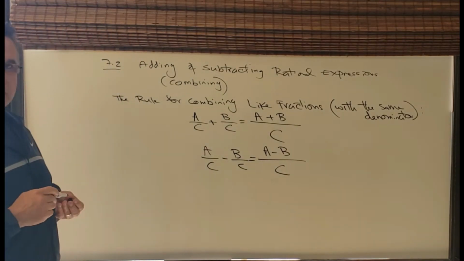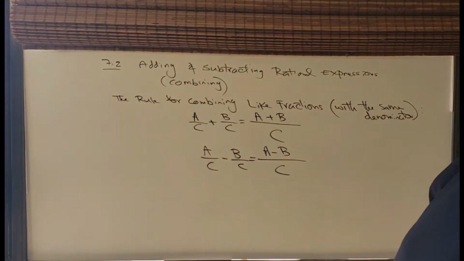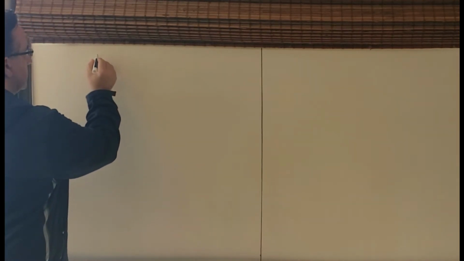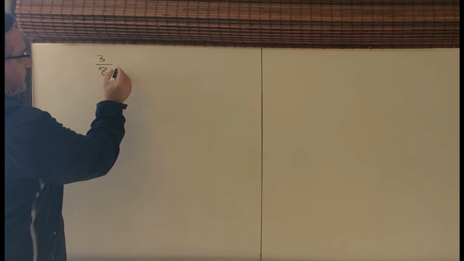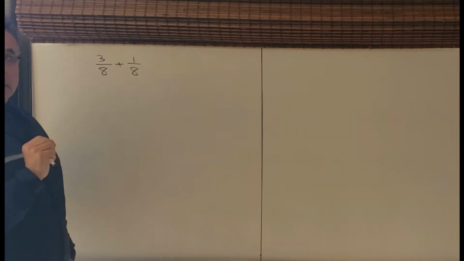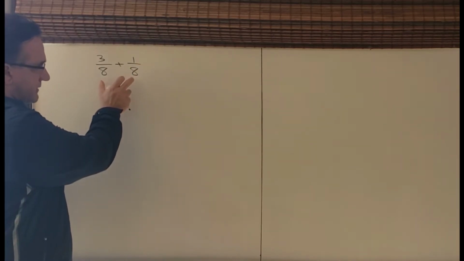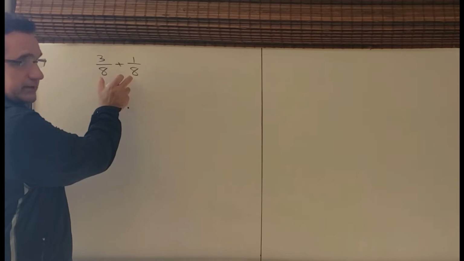So we'll look at some examples in a minute. So here's a simple example with just constant fractions. For example, let's say we have 3/8 plus 1/8. That is an example where both fractions are just constant fractions and the denominators are the same.